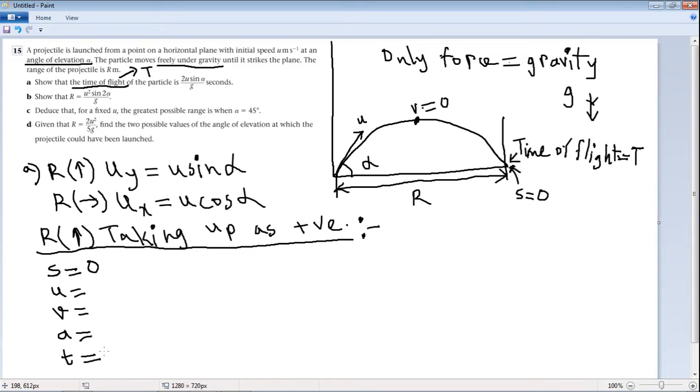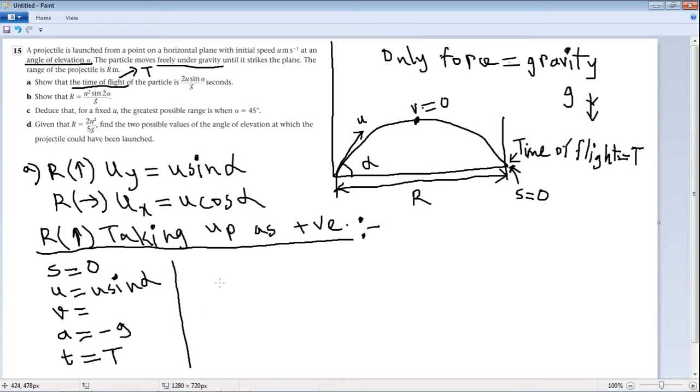So here the time is capital T, which is also the time of flight, and here the u is the vertical component of initial velocity, which is u sine alpha. Since we have taken upward as the positive direction, initial velocity will be positive, time will be positive, but the acceleration here is the gravitational acceleration, which is g, so this should be negative.